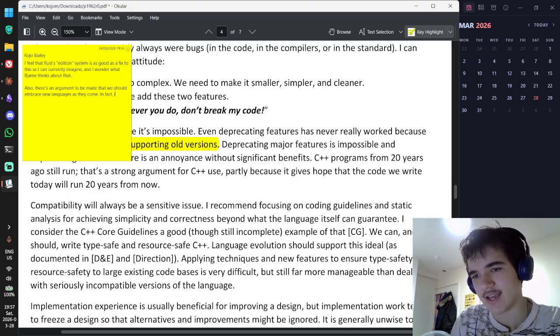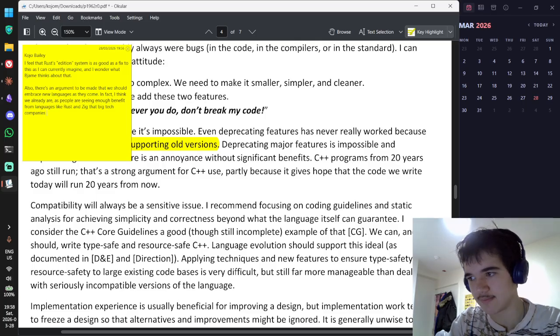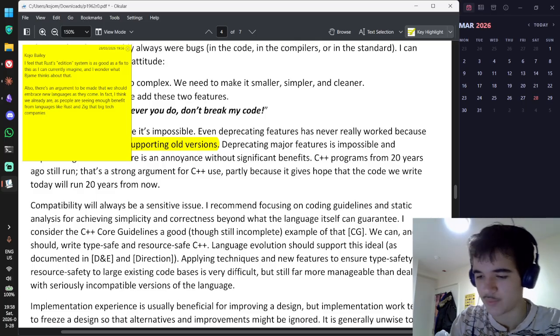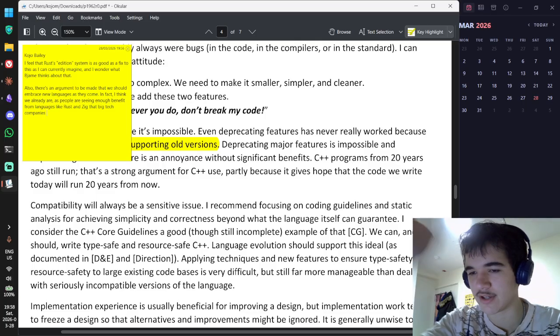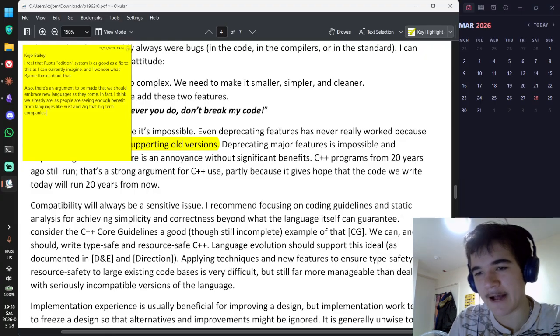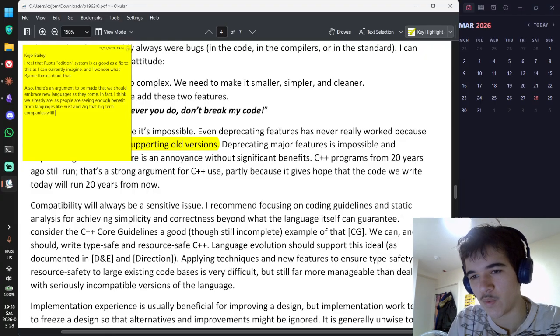In fact, I think we already are, as people are seeing enough benefit from languages like Rust and Zig that big tech companies, which by the way are not easy things to wind bend, will choose to rewrite their code bases.